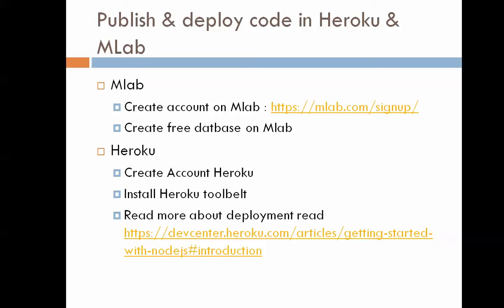With the help of this article, we are going to deploy our application on the cloud using the Heroku infrastructure. This is all we are going to cover in this chapter.